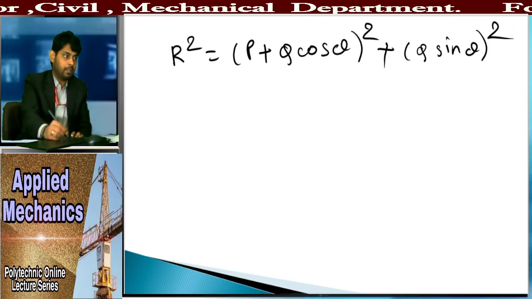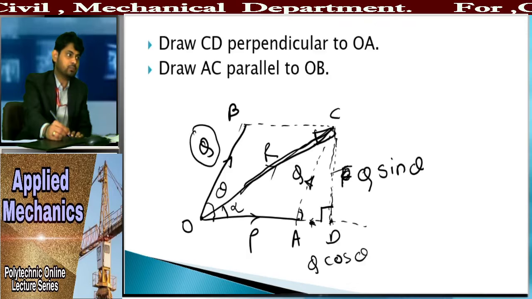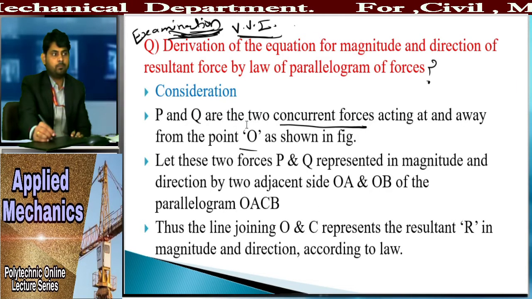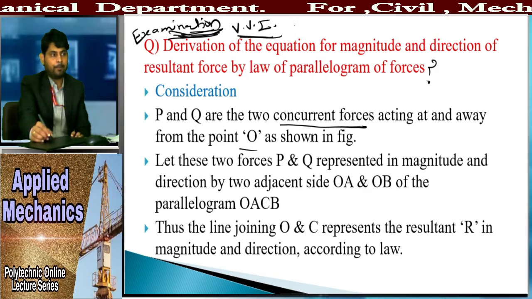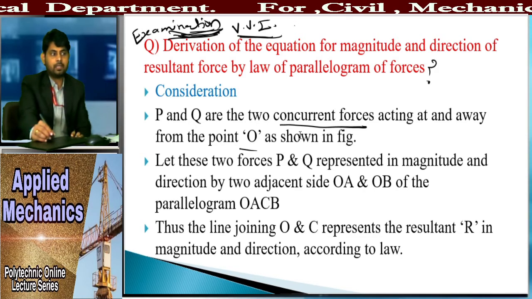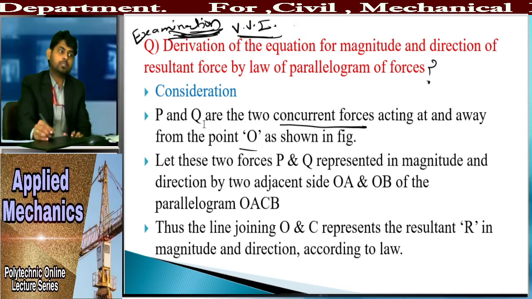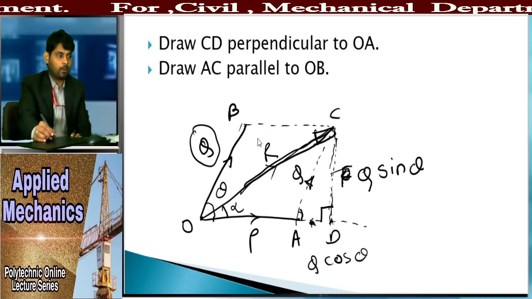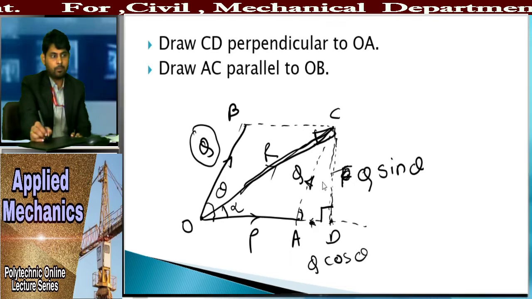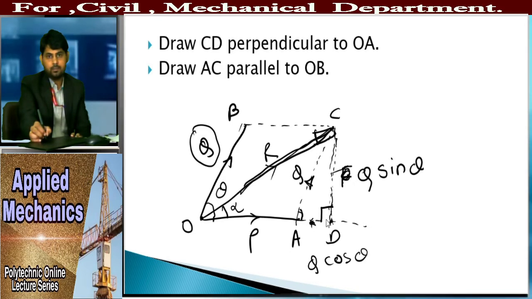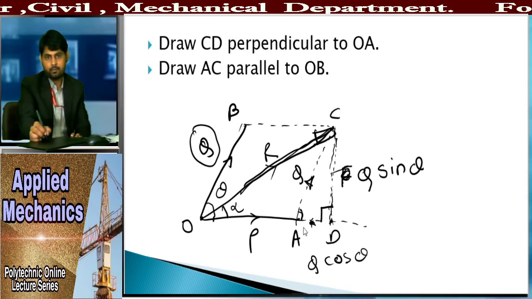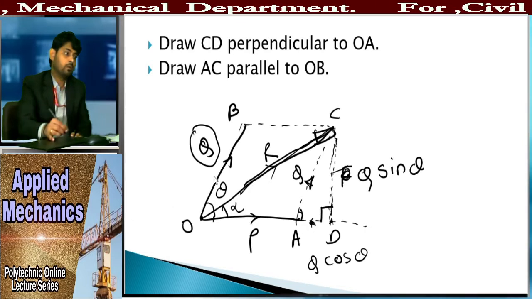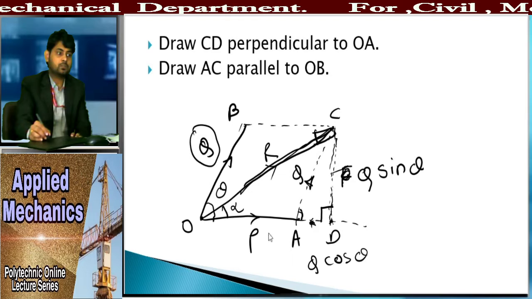In the previous lecture we saw our derivation for the law of parallelogram. We made some considerations, and based on them we drew one figure. After that we took one perpendicular line CD on OA, and calculated all these terms.